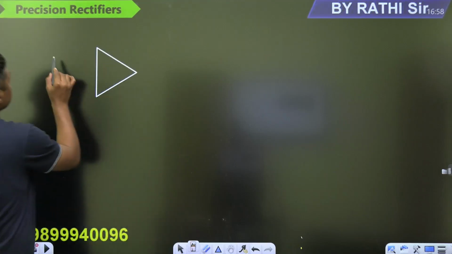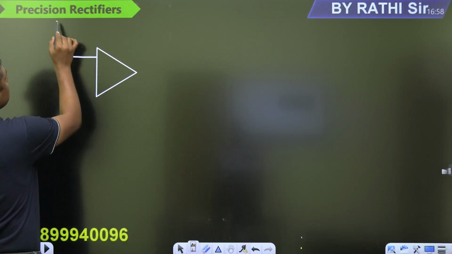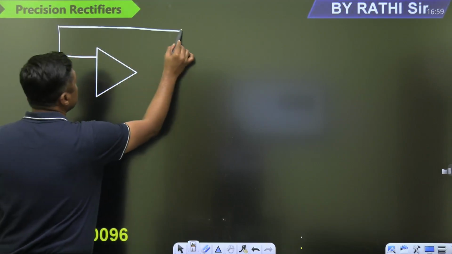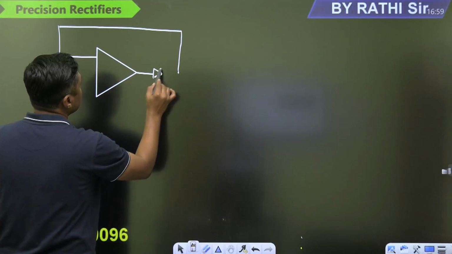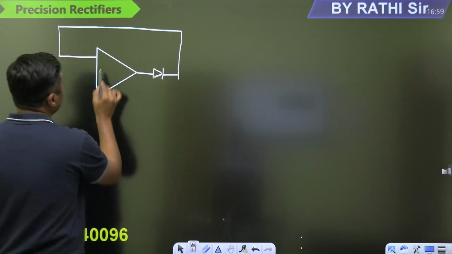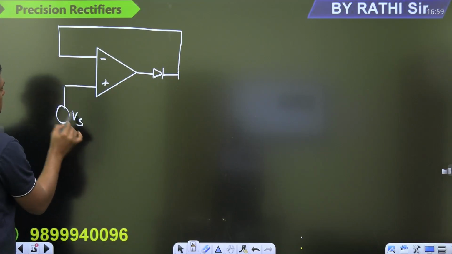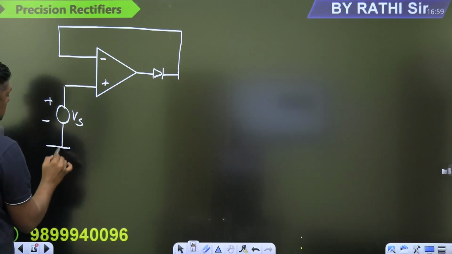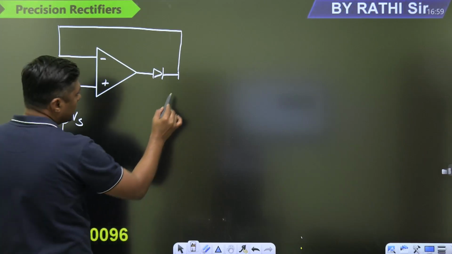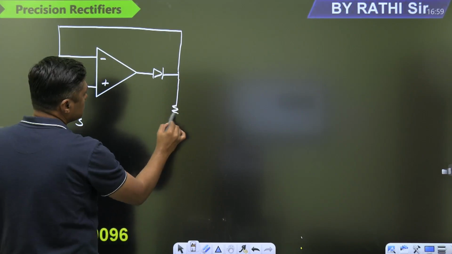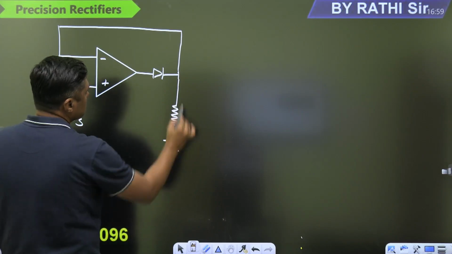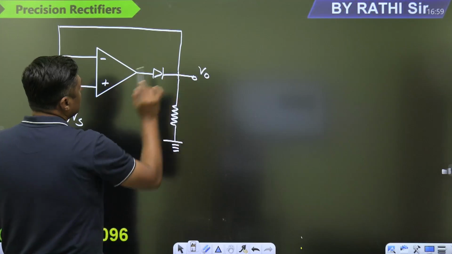This is the diode, right? Negative, positive, and here we are connecting the Vs. Now here we can connect the RL. This is the V0.